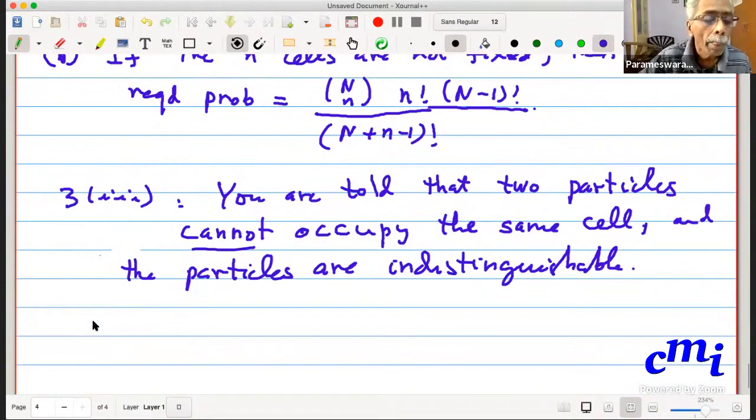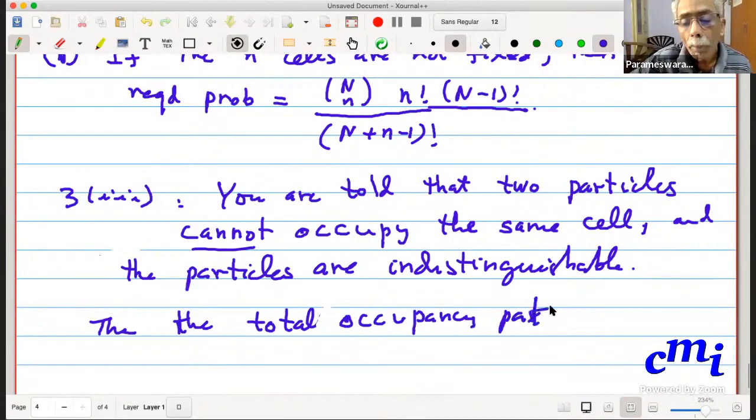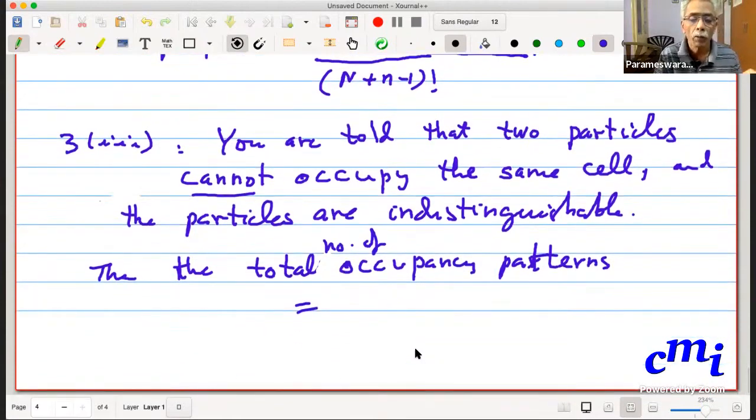Then the total occupancy pattern. Total number of occupancy patterns is equal to, well, this case is really very simple because you see, you have capital N many boxes.